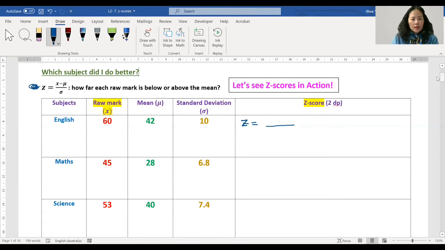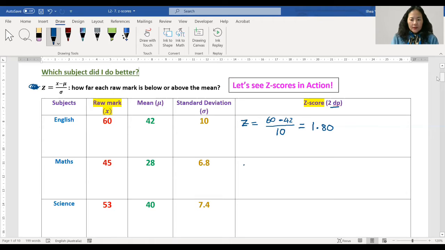X is my raw mark for English, 60, minus my mean, the average, 42. Then I divide by the standard deviation, because it's how many standard deviations from the mean. That's 10. When you put that in your calculator, you'll get 1.80. I want it to be 2 decimal places. It's good to have 2 decimal places.